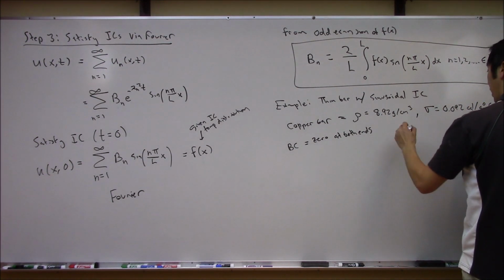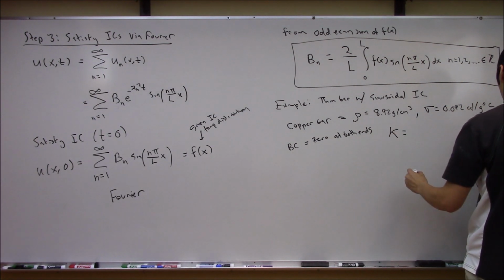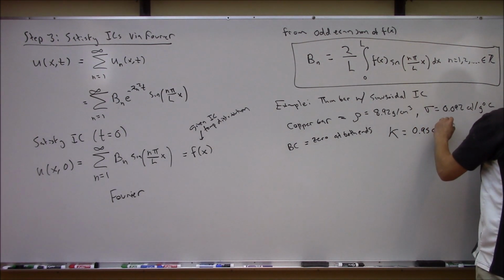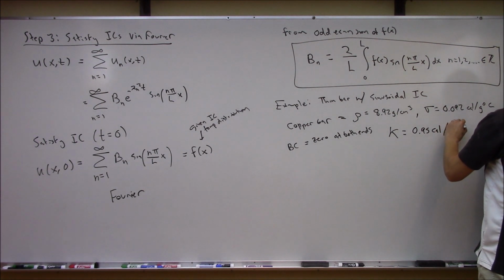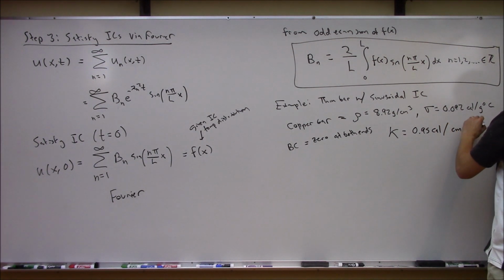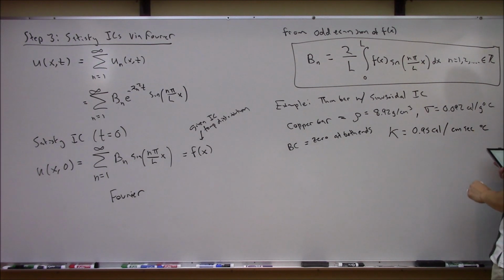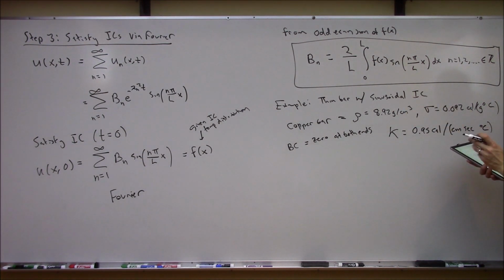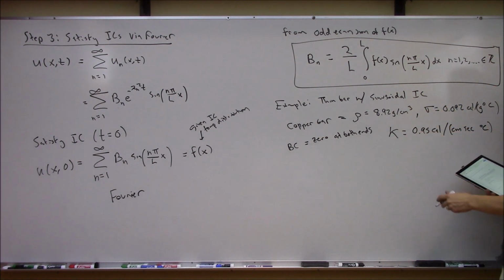And then its thermal conductivity K is something like 0.95 calories per centimeter second degree Celsius. I guess these should probably be in parentheses for the units. But anyway, who cares? It's a mishmash of numbers that we're going to smash down to our constant of the PDE. So that's all we wanted to do here.